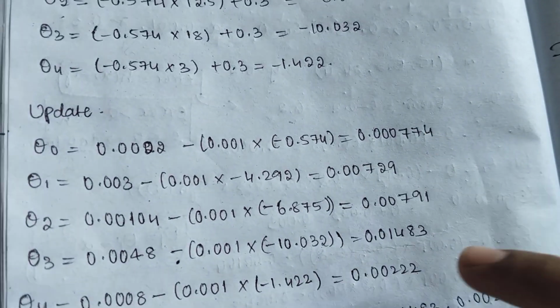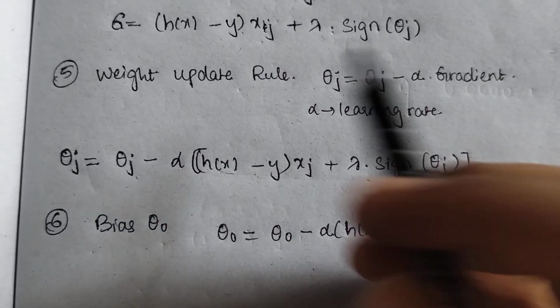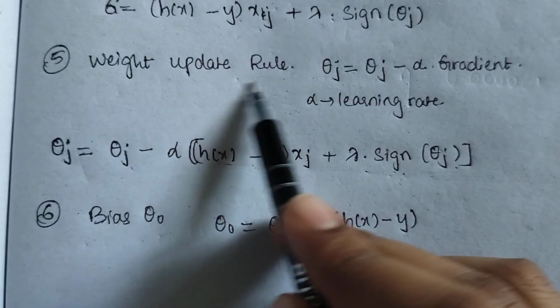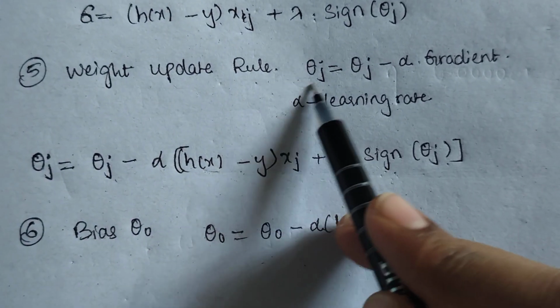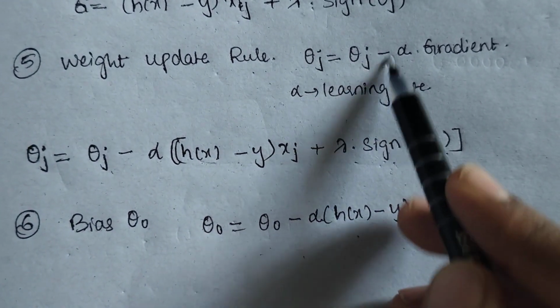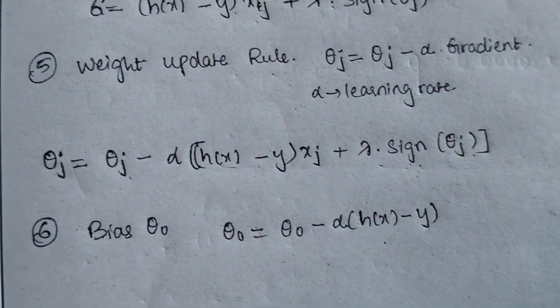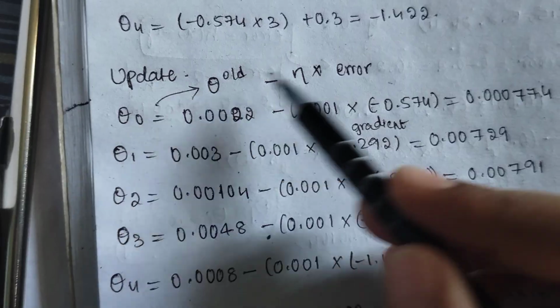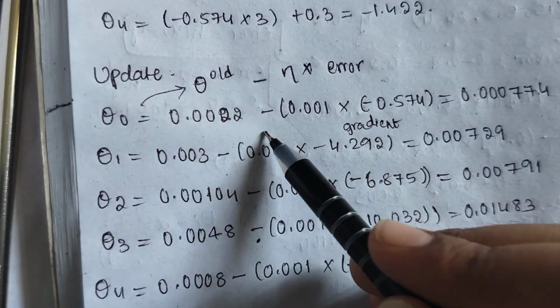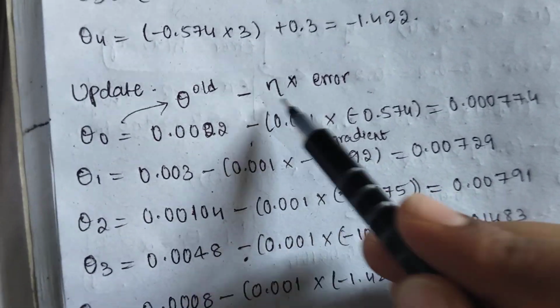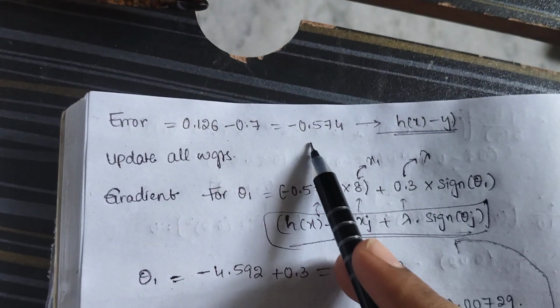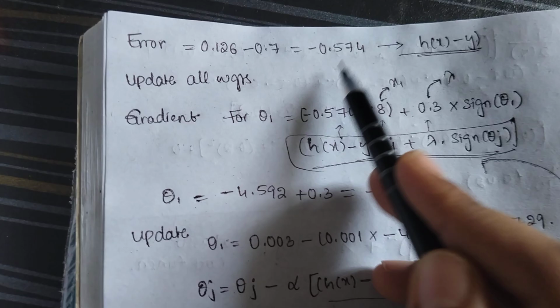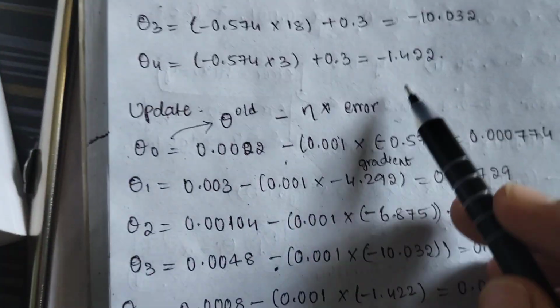For the update step, the weight update rule will be used. As you can see, theta j is equal to theta j minus alpha into gradient. The exact formula is kept here. For theta naught, we just have used theta old minus eta into error, the error that we have got here, only for theta naught because it is the bias.